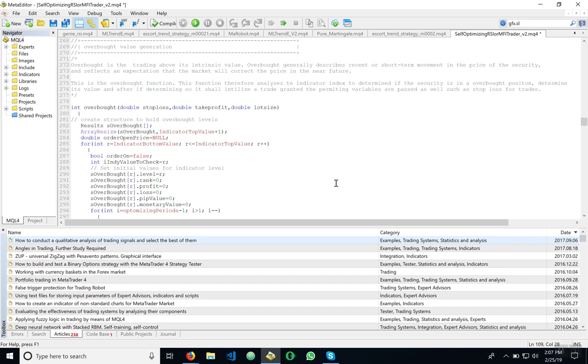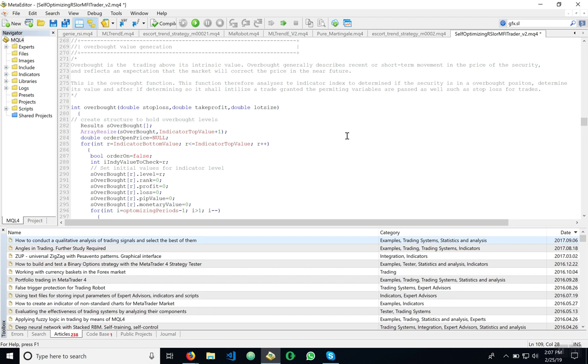Overbought, as we can see here, is generally described as the recent or short-term movement in price of the security and reflects expectation that the market will correct in price in the future. And so basically what this function does is it analyzes the indicator index to determine if the security is in an overbought position, determine its value, and if determining its value, it shall initialize a trade based on this value.